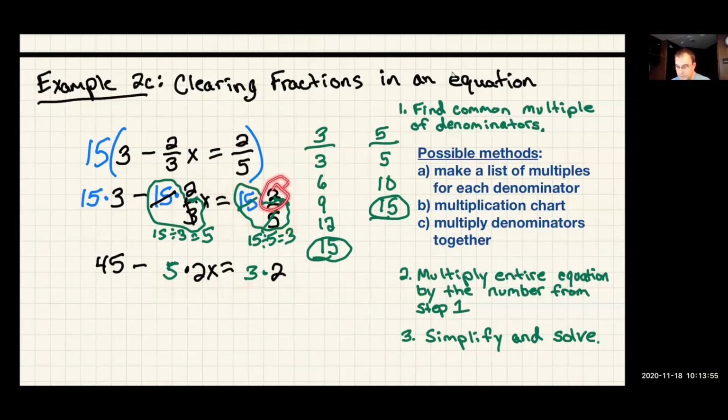I had to remember it's being multiplied by the 2. Okay, now we can just do that one last step of multiplication, and we have our two-step equation. Minus 10x from 5 times 2 equals the 3 times 2 makes it a 6. And now we can solve that equation by undoing addition, subtraction first, and then undoing multiplication after that. All right, so that was 2c.